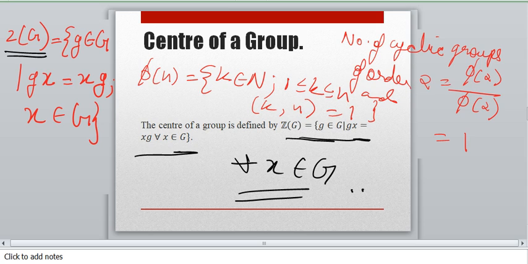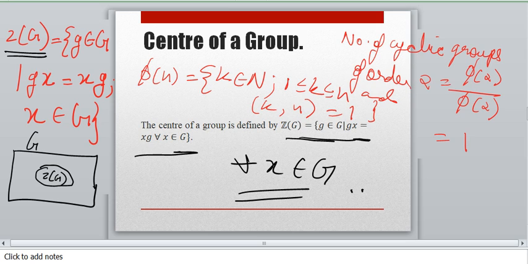Now, if I am to give you a small example on this, let's show you in some set format. Let's say I have a box, set format like this, and this is the group G, and suppose I have Z(G) inside, something like this.